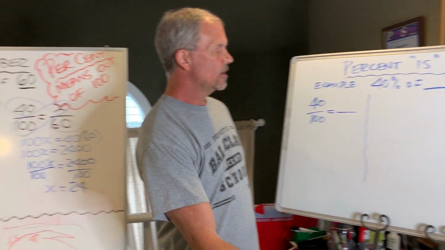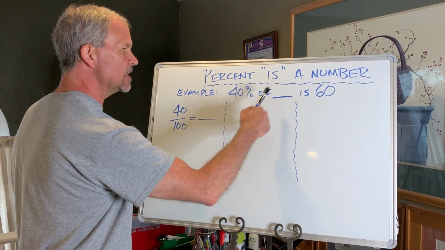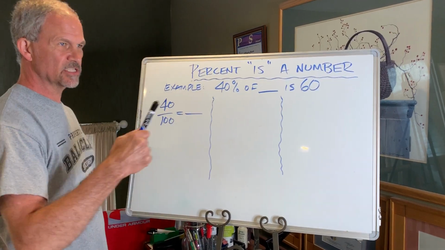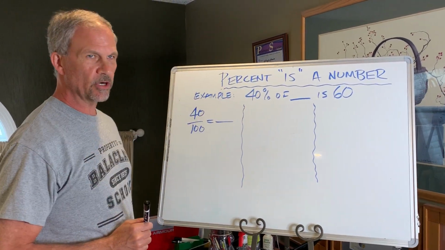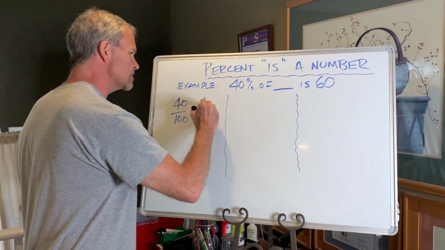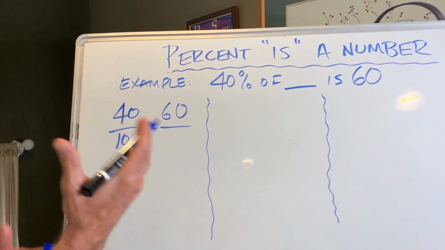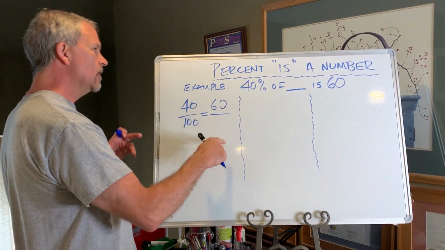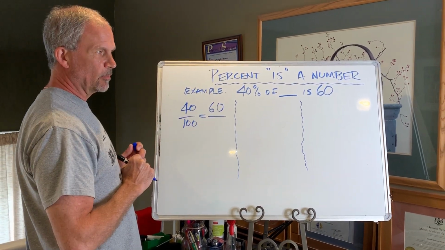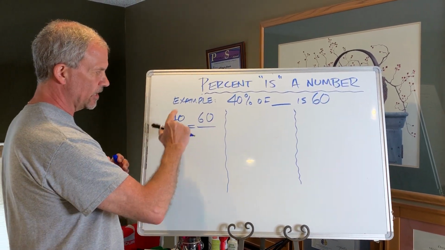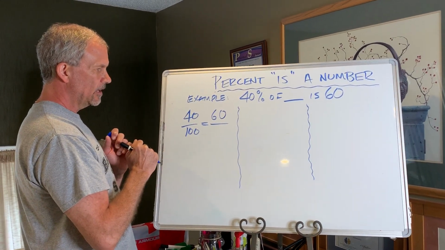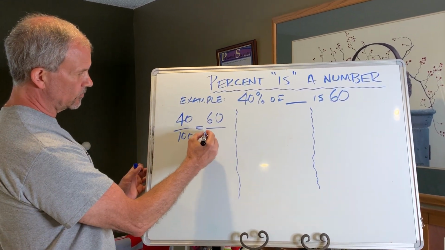Well, now over here I'm saying 40% is 60. So the 60 is related to the 40. So the 60 in this case must go up here. So over there, when it's percent of a number, it went down here. When it's percent is a number, it went up above, because 40 is 60, so they have to be related. And now we solve again, right? We have this blank.